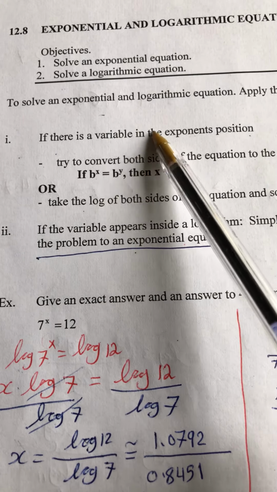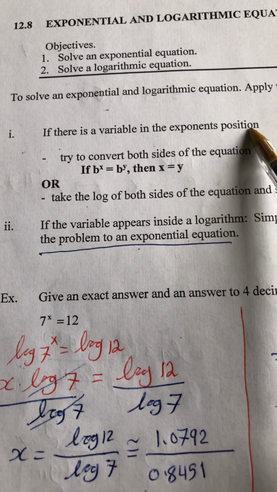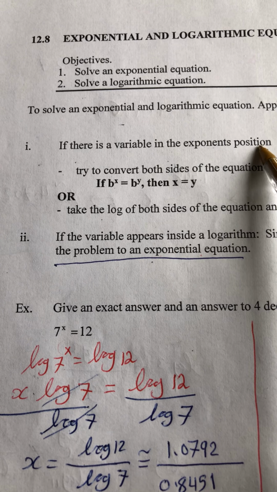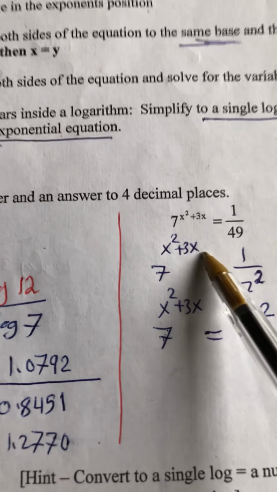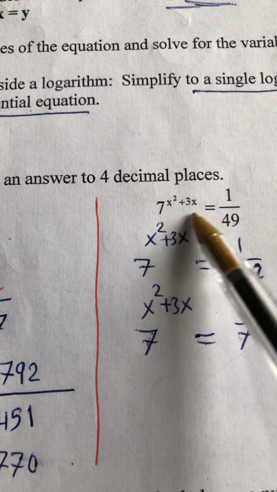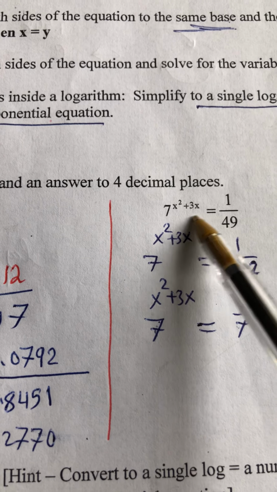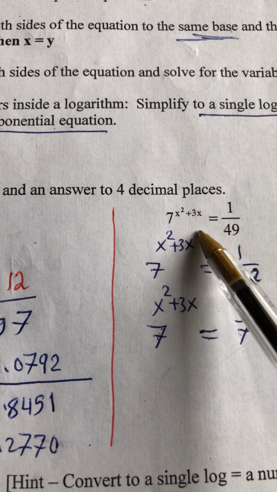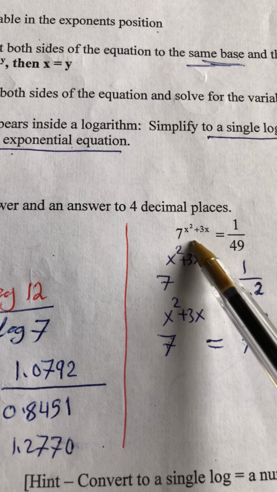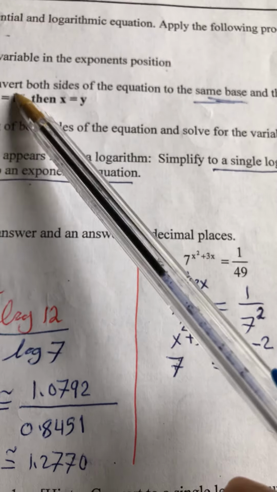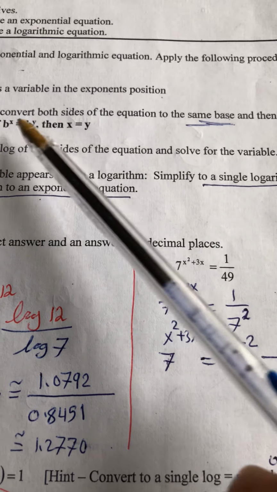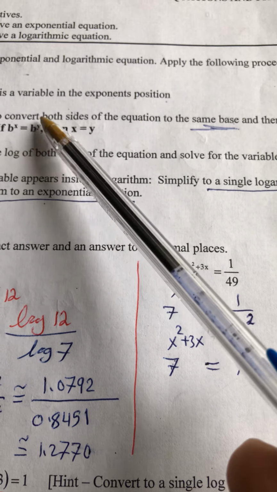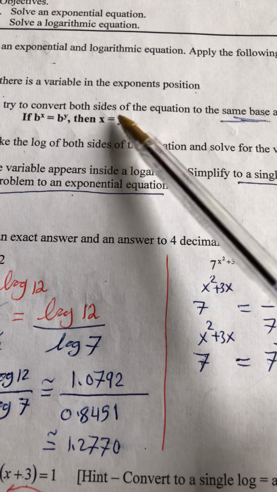If there is a variable in the exponent's position, for example like this, 7 to the power x squared plus 3x, here we have a variable in the exponent. Try to convert both sides of the equation to the same base and then use the fact that if b to the power x equals b to the power y, then x equals y.